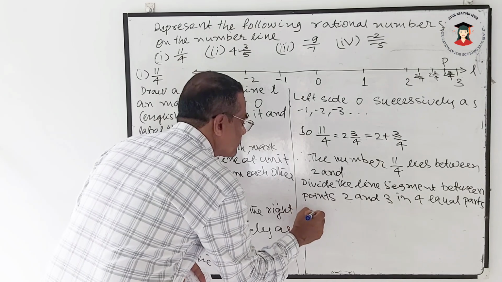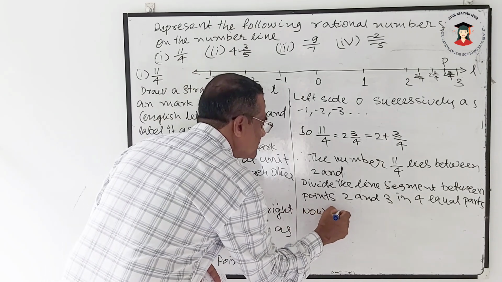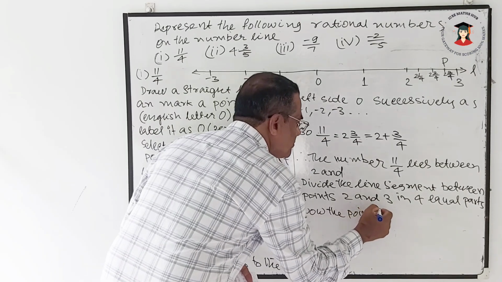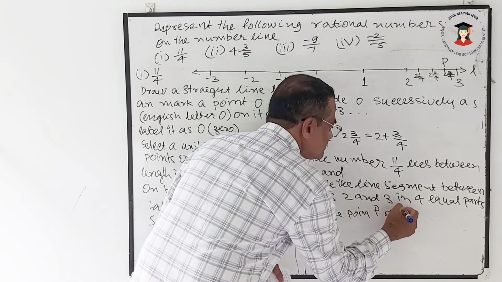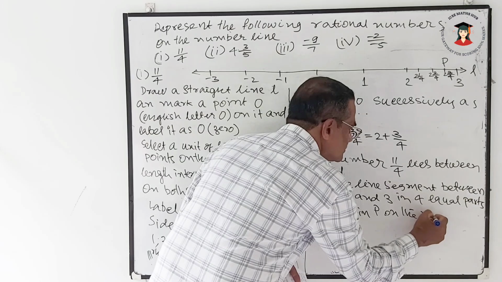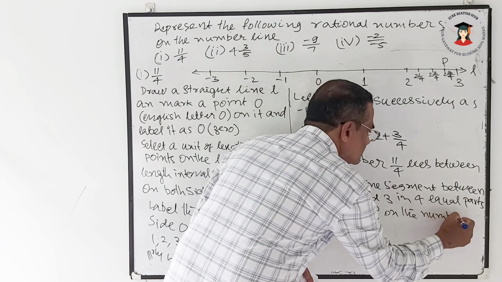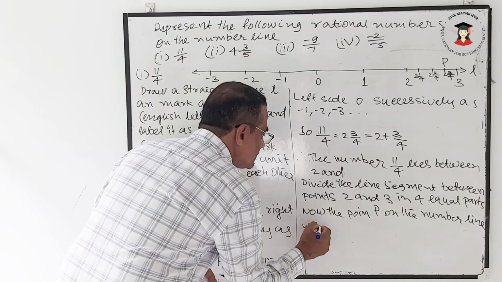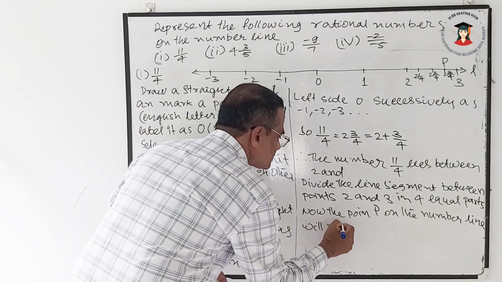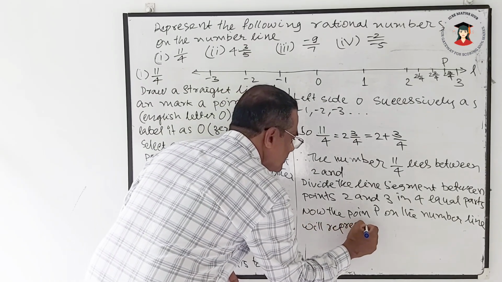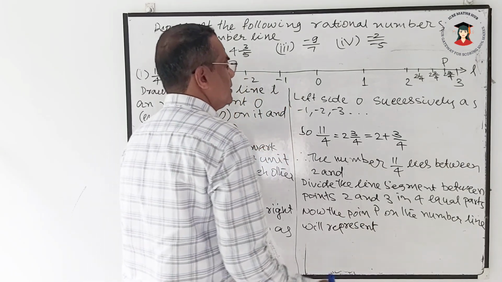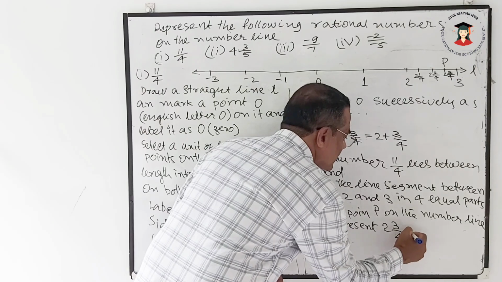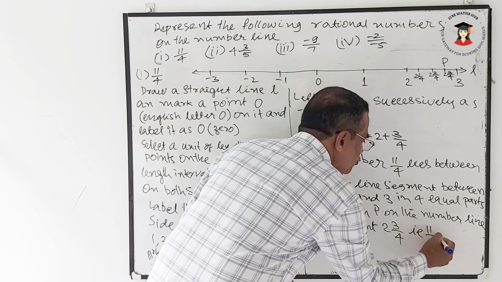Now, the point P on the number line will represent (2 and 3 by 4), that is 11 by 4.